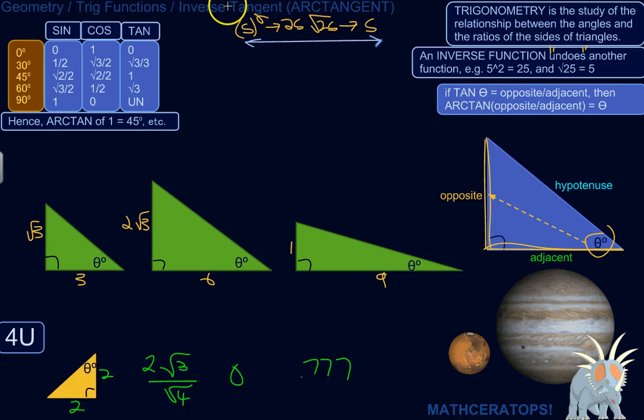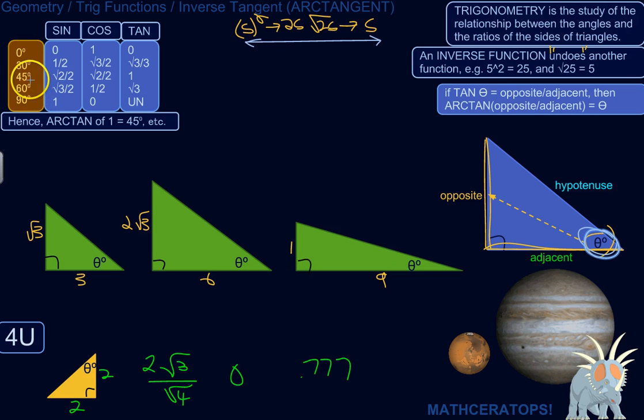So tangent and the inverse tangent, also known as arctangent, are like that. If the tangent of an angle is the ratio of the side opposite to it to the side adjacent to it, then the arctangent of that ratio of the opposite to adjacent is that original angle. For example, I've got this little chart here of common trig ratios for these basic angles, 0 degrees, 30 degrees.